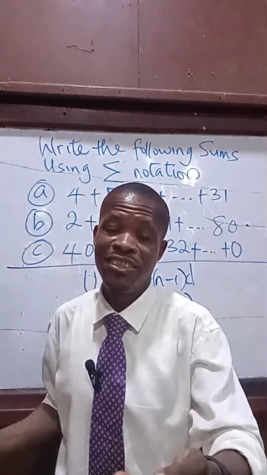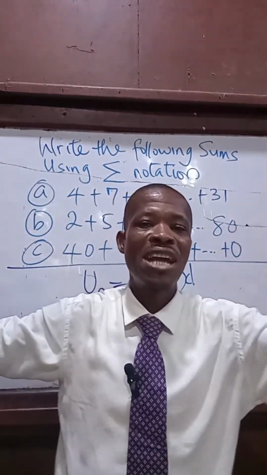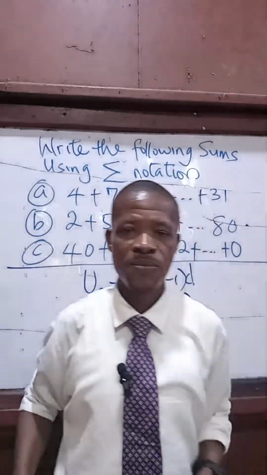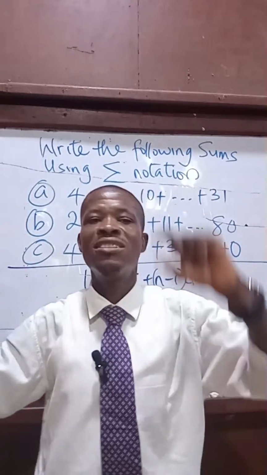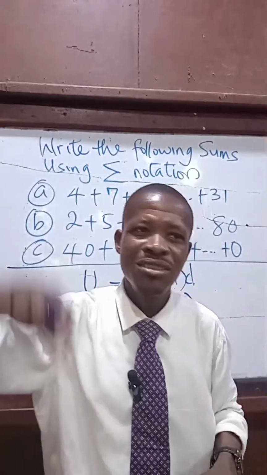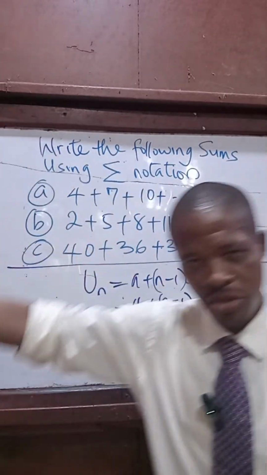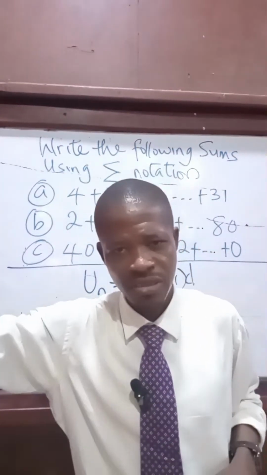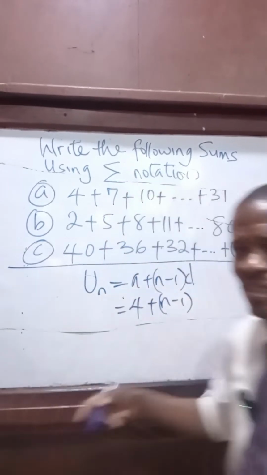And how do you get the d? The d is the second written number minus the first written number. And this must be equal to the third written number minus the second written number, and also the fourth term minus the third term.